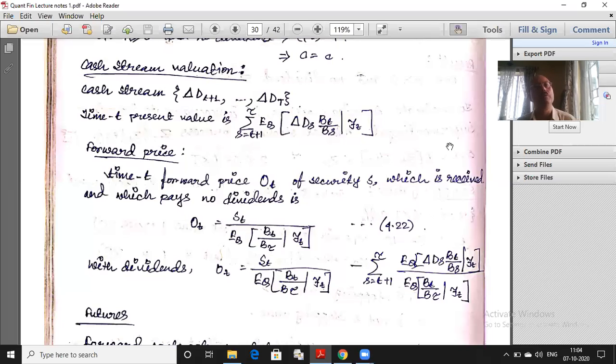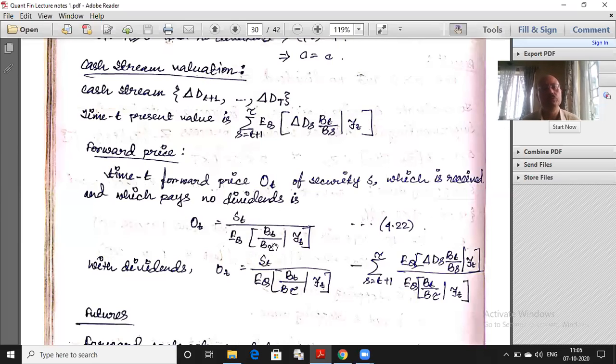So if I want to calculate forward prices, all I need to do is multiply the stock price with the appropriate bank rate. And this is done here. So if I look at the forward price and I call it O of t, then it will be the actual stock price, and then I divide by this particular quantity. If you look at it carefully, it is the bank rate applicable to the time period between small t and tau.